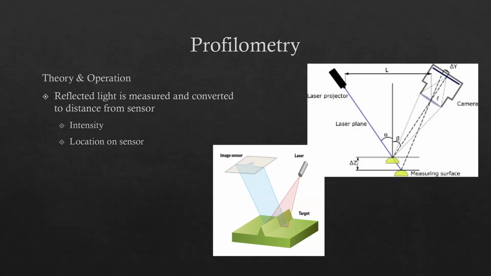Whereas the light coming down on the left of this little triangle section is going to bounce, most of it, directly to the sensor, and so it's going to appear lighter. And so by comparing the time and the intensity of the light that's ultimately reaching the image sensor, as well as the location it's hitting, because different locations reflect into different locations, we're able to create a three-dimensional map of the surface of our part.